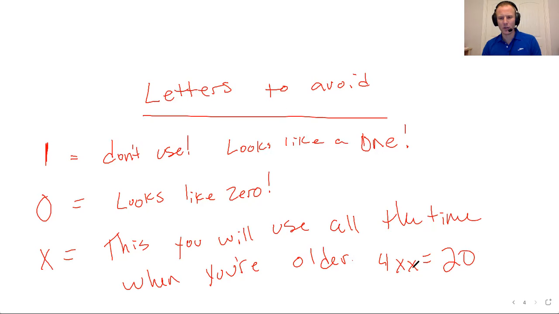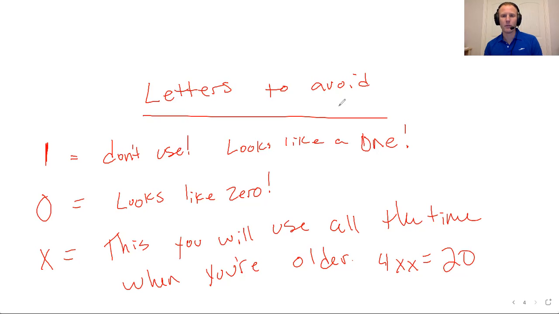Those are the variables that we stay away from the most, because those are the ones that can really confuse us a little bit. So L, O, and X for now. L and O you'll never really use as you get older, but X is one that you will use when you get older, but we're not going to use it here in 3rd grade. All the other letters are up for grabs.